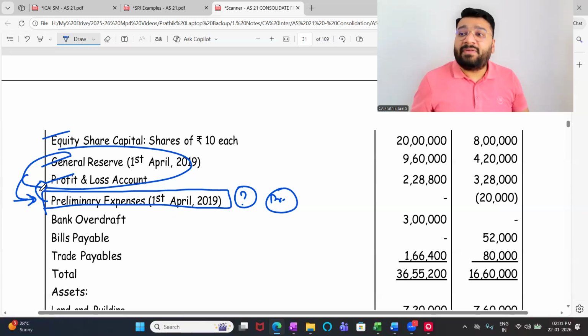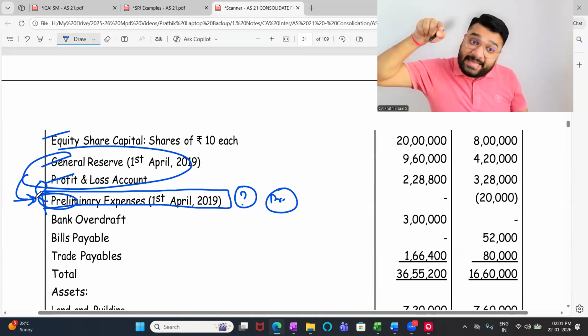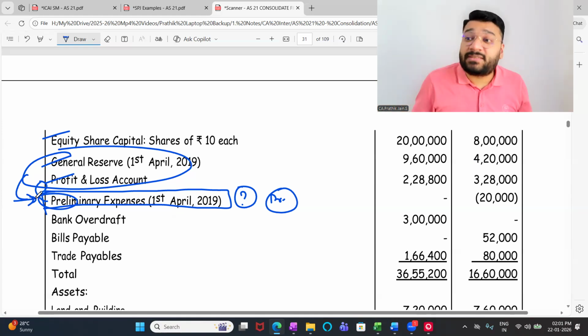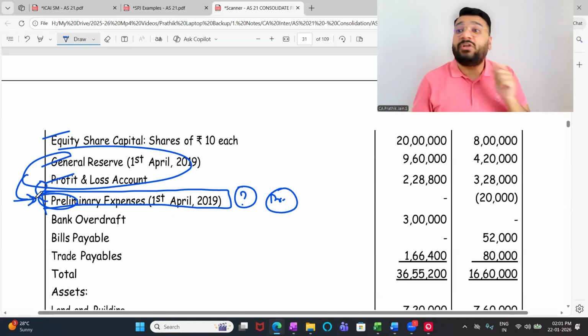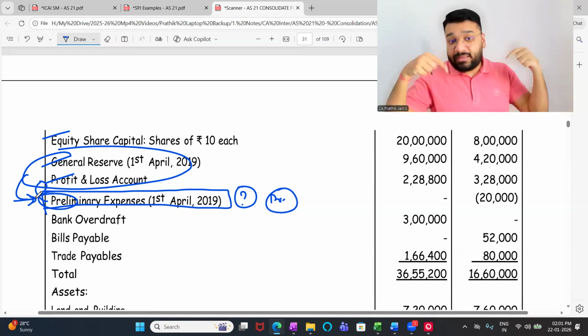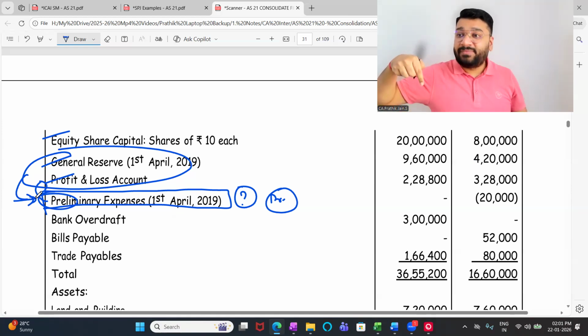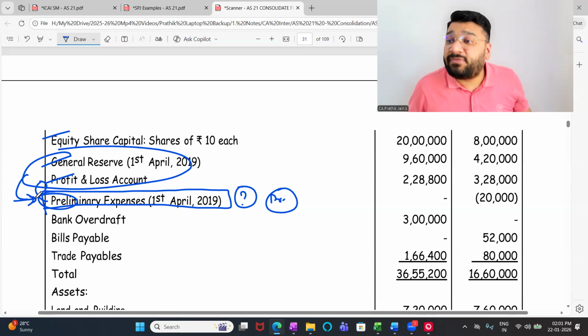If you remember when we did 11th, 12th and foundation, for non-company accounting, we never subtracted preliminary expenses from reserve and surplus. We kept it on the asset side itself, because the accounting standard never asked us to do that. The shifting was done because of Schedule 3, Companies Act 2013. Schedule 3 said that in a company's balance sheet, I will not allow the fictitious asset on the asset side, so you reclassify and minus it from the reserve and surplus.